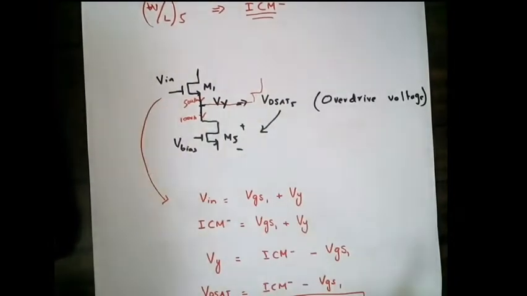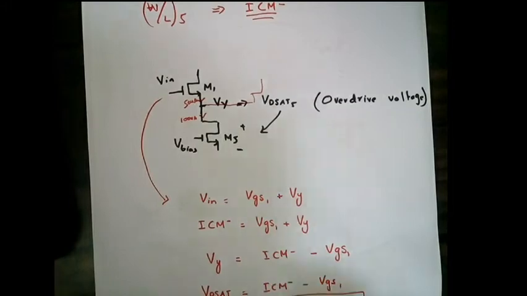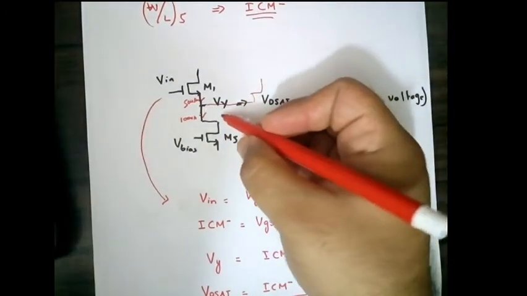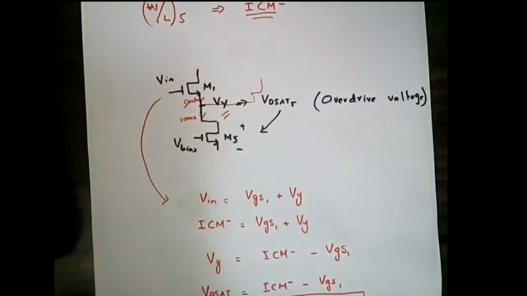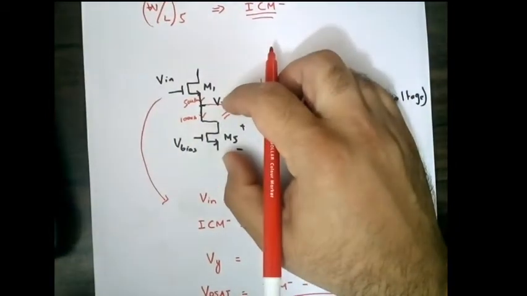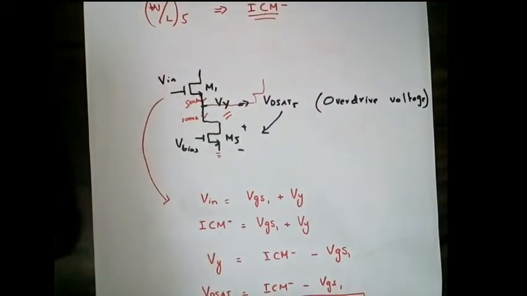Again, we know Vin, and we already ensured M1 is in saturation, but we don't know about M5. So we need to make M5 in saturation. For M5 in saturation, look at this point Vy, which is the potential applied at the drain of M5 or at the source of M1. This potential is going to be the VDsat, or the overdrive voltage.